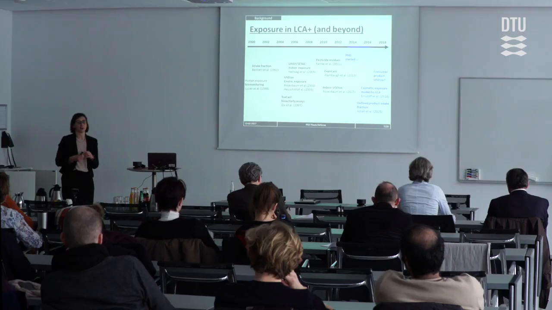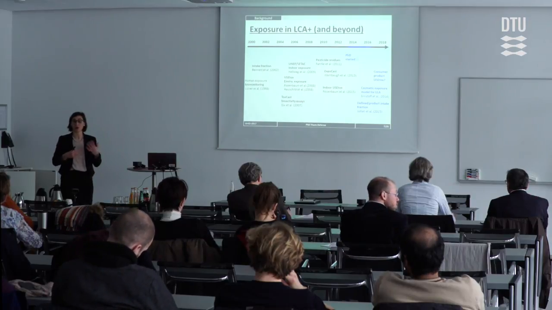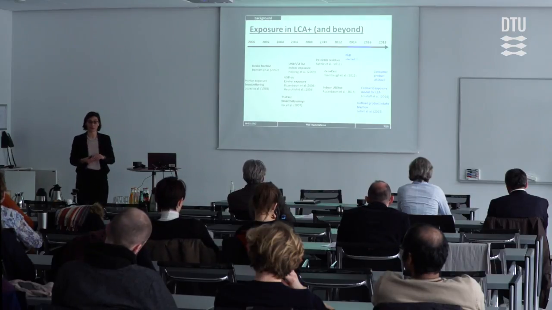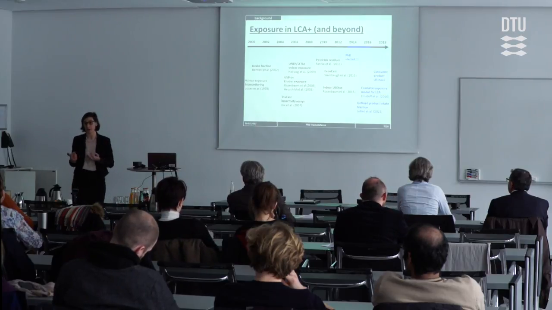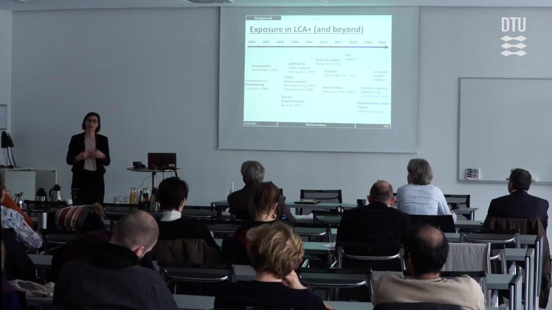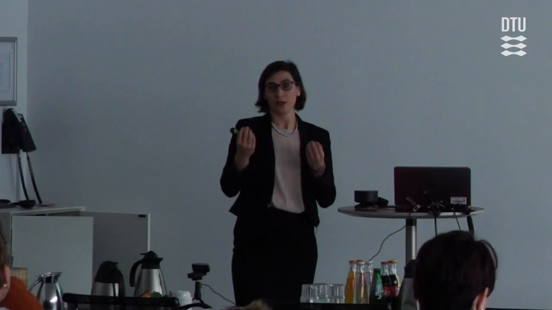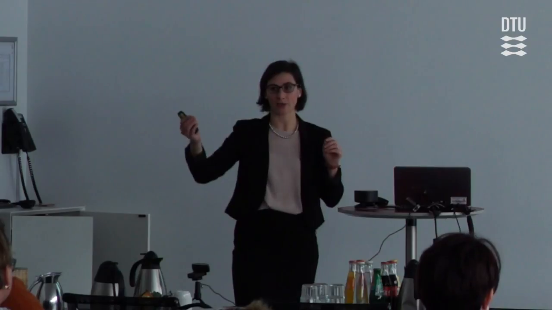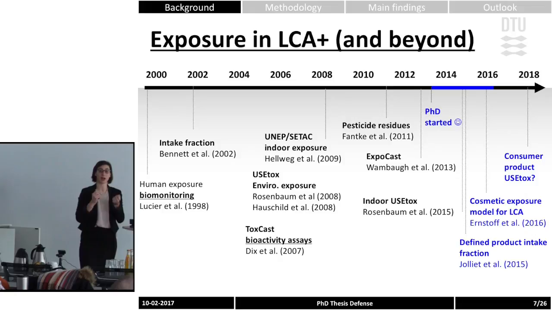High-throughput screening just means they can process dozens to hundreds of chemicals relatively quickly and with high efficiency. Instead of doing experiments on rats or mice, they're using test tubes and enzymes and proteins and other aspects of a biological pathway that can be altered by a chemical. When a chemical comes in contact with this, it can elicit some kind of response, and this can be measured relatively easily.